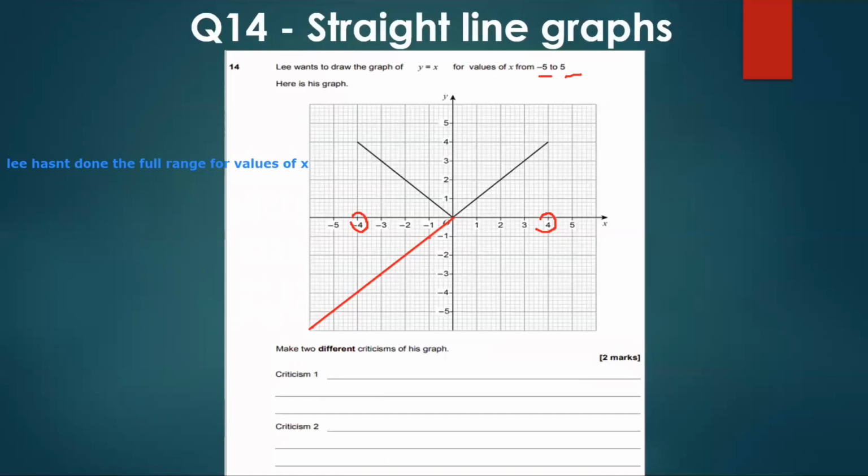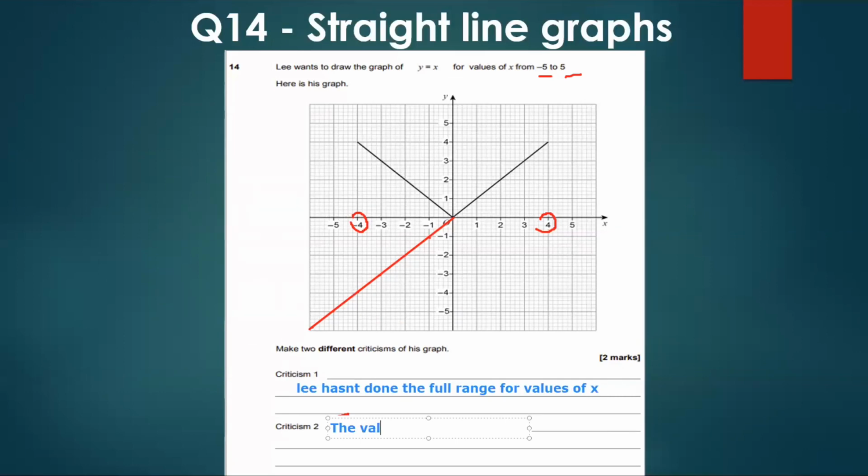So for number 2, what I'm going to write is the values of x when x is less than 0 are plotted incorrectly.